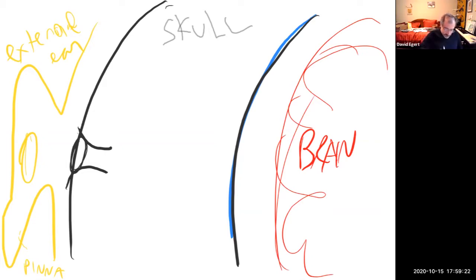Now within the skull, there are going to be two different things that are important. The first one is going to be the middle ear, and the second is going to be the inner ear.